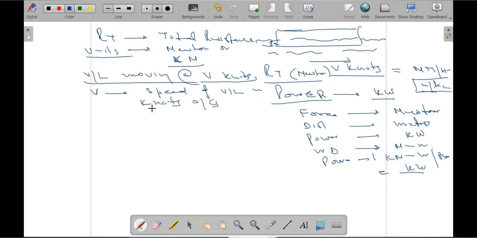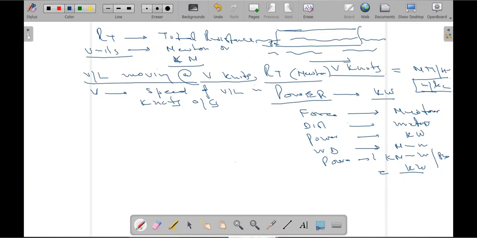over ground, correct? So whenever we have to use this term over ground, speed over ground, and I'm sure you are all familiar with these things, because you are using it on a day-to-day basis. So I don't have to explain too much on that. So V is the speed of the vessel in knots over ground.